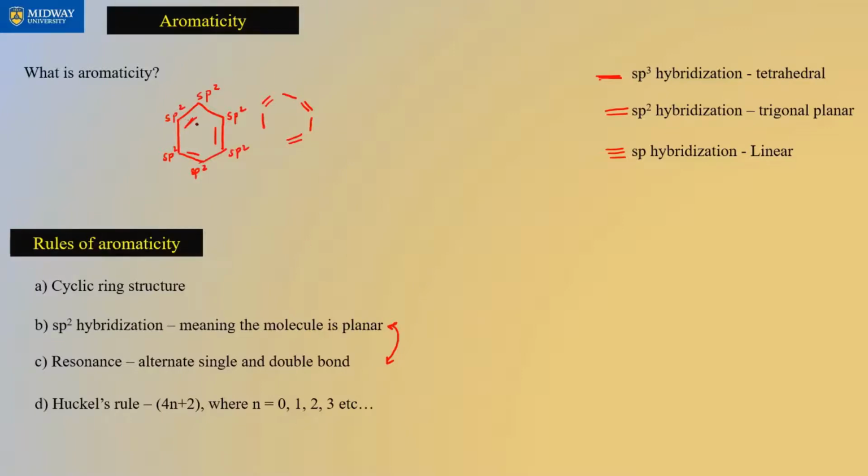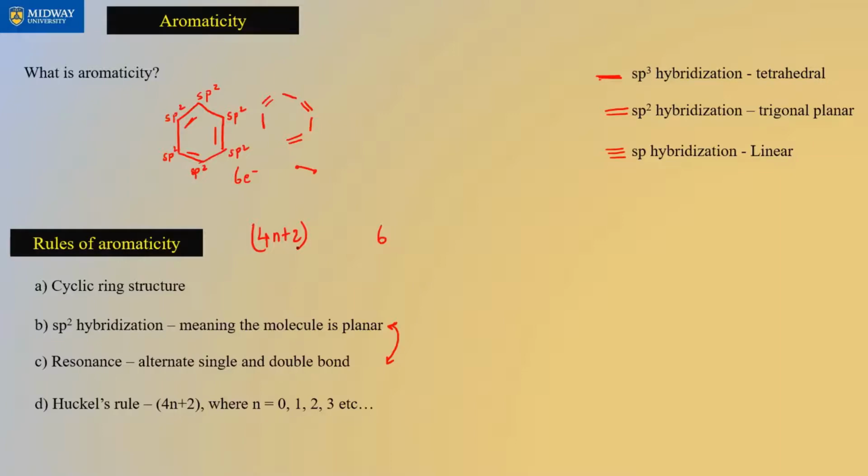You count all of the electrons that make up the double bonds. That is, we have 3 double bonds, and each double bond has 2 electrons, right? So you have a total of 6 electrons here. So you have to use the formula 4n plus 2. You should be able to get 6 out of this formula.